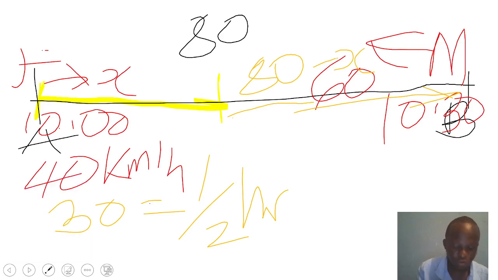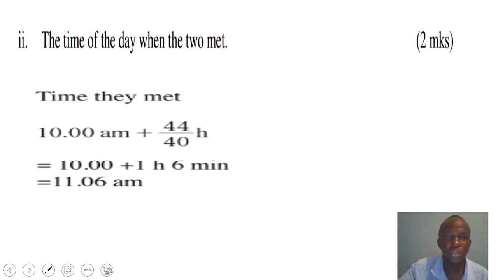The two individuals met somewhere at x distance. Now it is after some time, it is after Juma's time from 10 a.m. plus Juma's time, the two met. How much time did Juma use? Let us see in the solution.